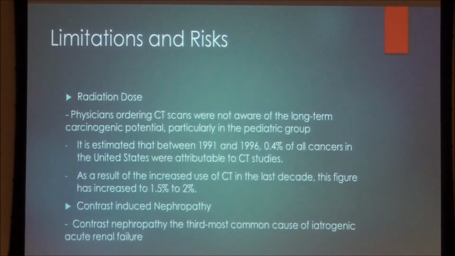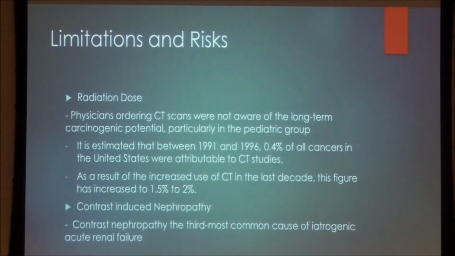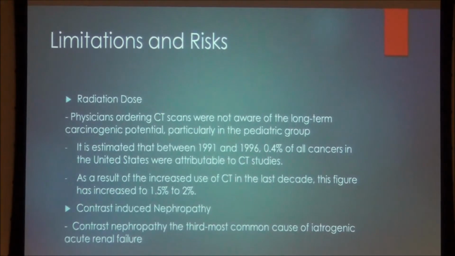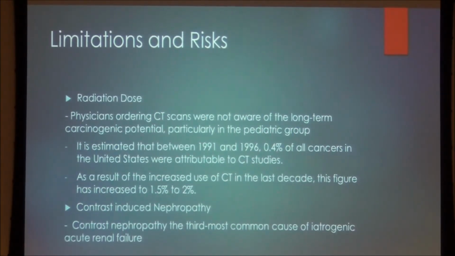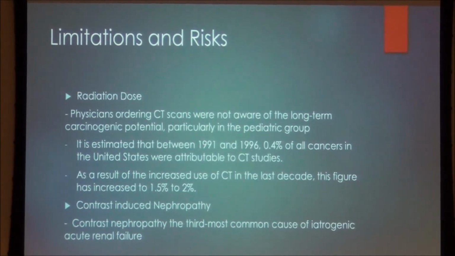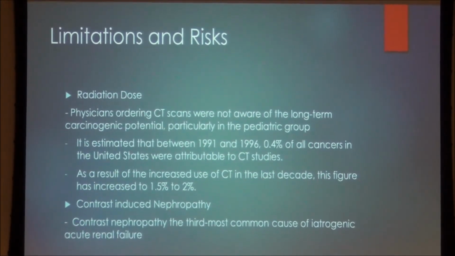Contrast-induced nephropathy is the third most common cause of iatrogenic acute renal failure. How could it be prevented? Of course, if you could find another imaging modality without contrast, that's a good option. Or if you have to do it, it's better to hydrate the patient before, during, and after the CAT scan.